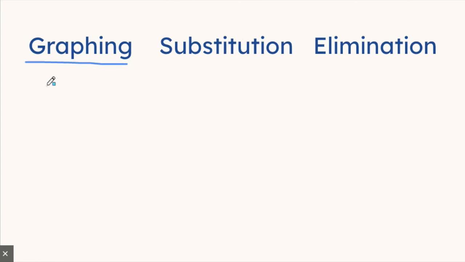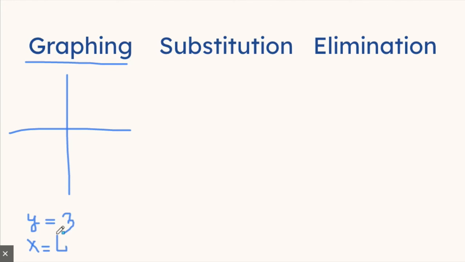Let's start with graphing. Graphing is what you would expect. We graph the solutions to see where they intersect, which is going to be the answer to our solution. We make a graph. We have our lines. Let's make it easy. y equals 3, and let's say x equals 4. y equals 3 is going to be where y is 3: 1, 2, 3. So that would be a y equals 3 line. x equals 4 is going to be where x equals 4.